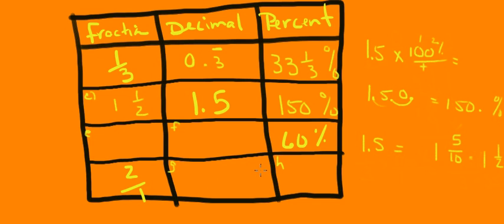Okay, we're going to look at E right now. We have 60%, and we want to get this to a fraction. Now, can we go from a percent, London? 6/10? So you're thinking that this should be 6/10 right here?